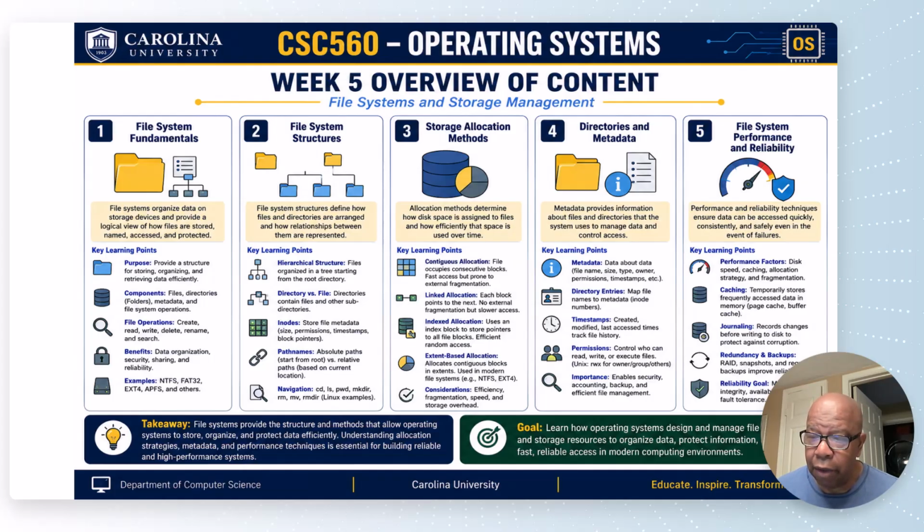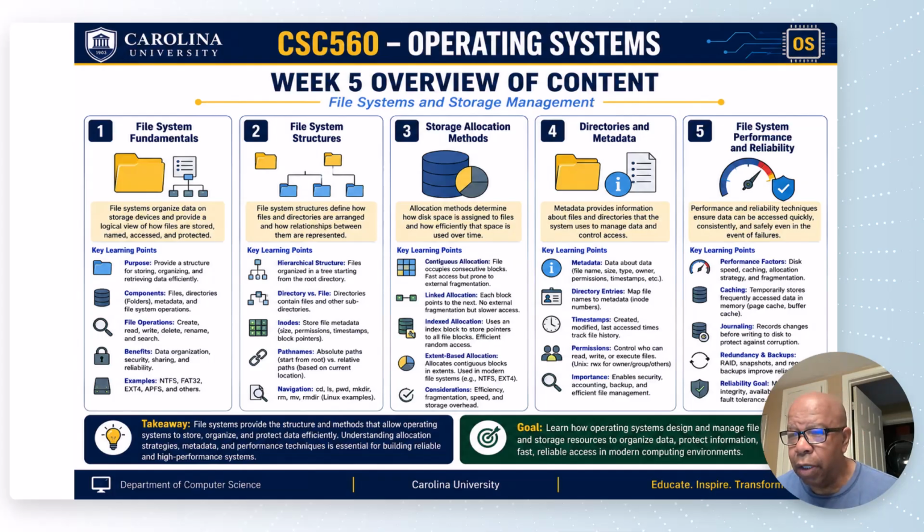For example, NTFS and FAT32 are the older and newer file systems that are used by Windows. EXT4 is used by Linux, and APFS is used by Apple or Mac. You're probably going to have an assignment for that, so know the differences as far as what may be on the quiz.